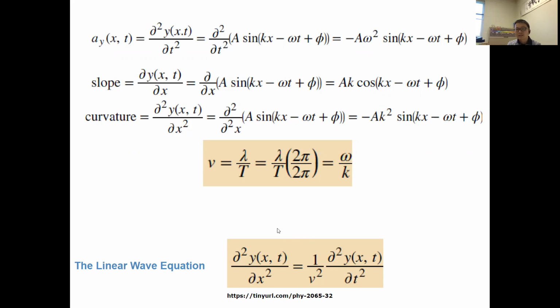That is the wave equation, and this wave function will satisfy it. On the other hand, if you have the wave equation, one of the solutions will be a sine function or cosine function. I think we'll just stop here for today, and we'll come back next time. Okay, see you guys. Bye.